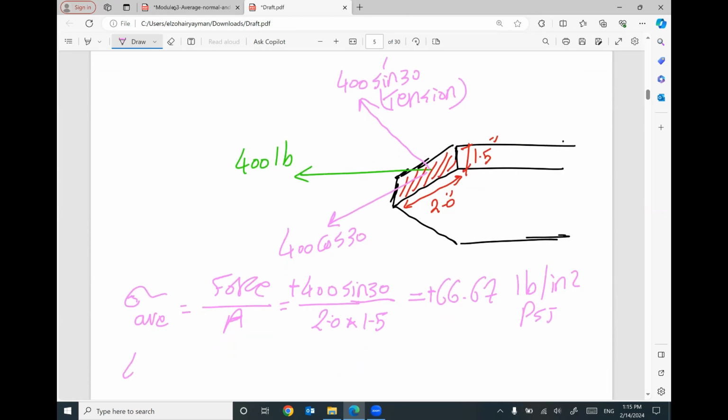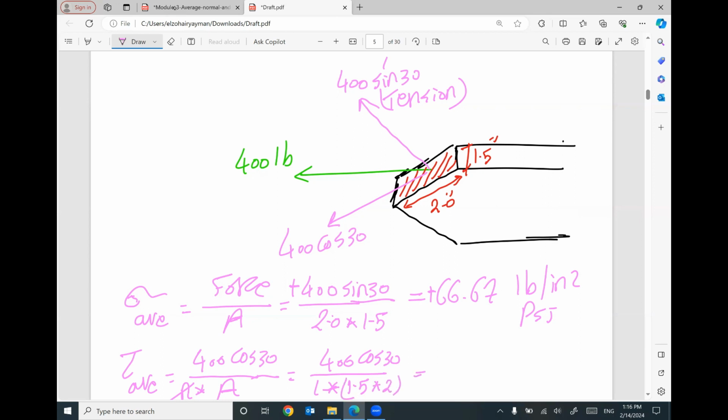For the average shear stress, it equals the force parallel to the cross section, which is 400 cosine 30, divided by area. We don't have double shear or single shear here. It's only one. So the N here will be 1. So the applied force 400 cosine 30 divided by 1 times the area of this cross section, 1.5 inch times 2 inch.